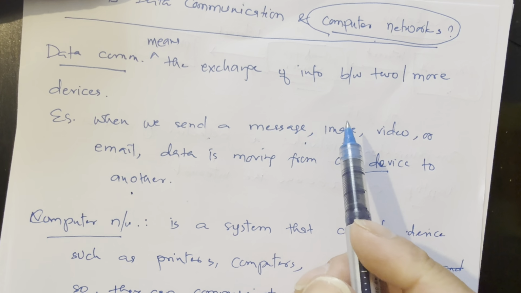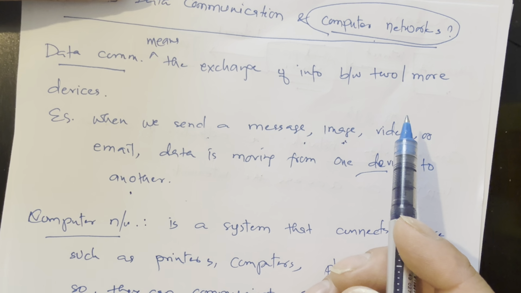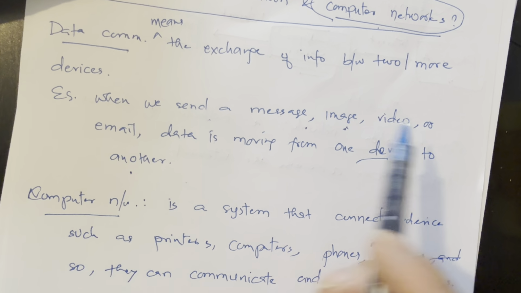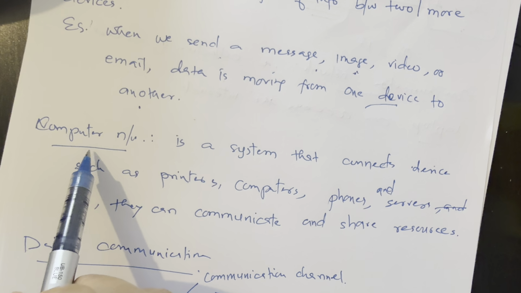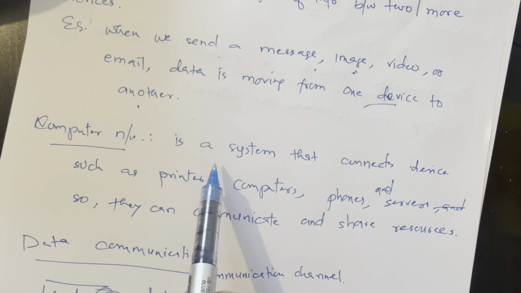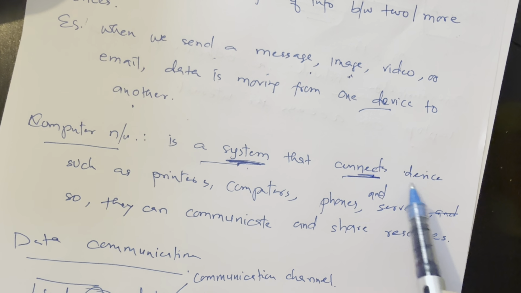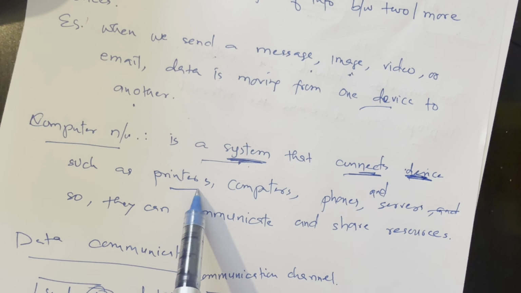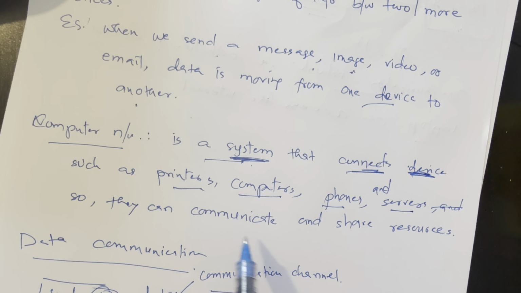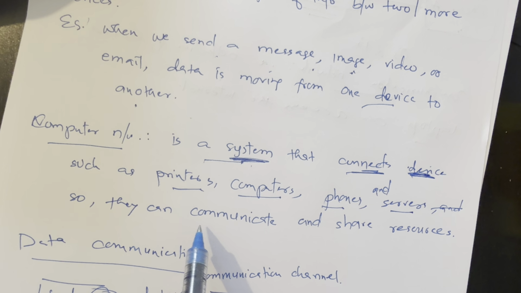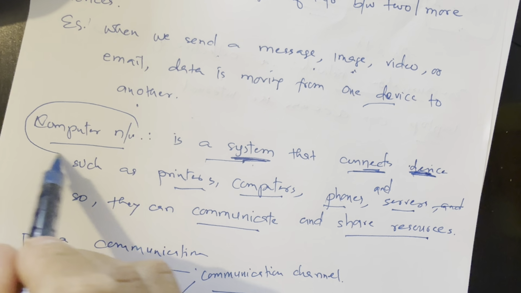This movement from one device to another, carrying a message, is called data communication. And a computer network is a system that connects devices such as printer, computer, phones, and servers. The main reason for connecting is to communicate and share resources. It's called the computer network.